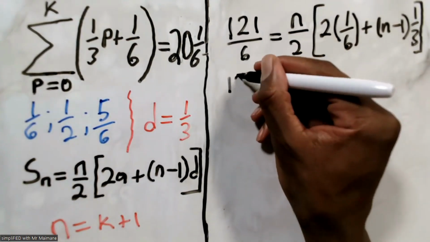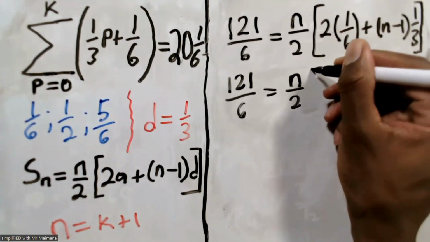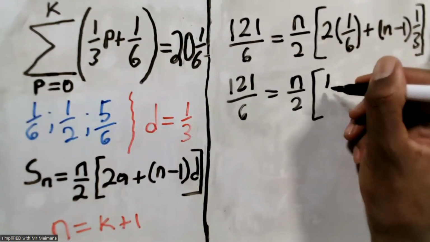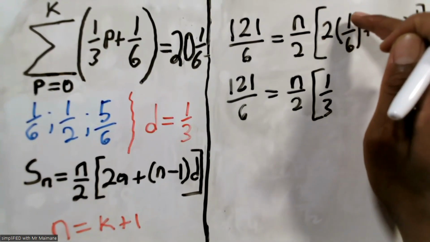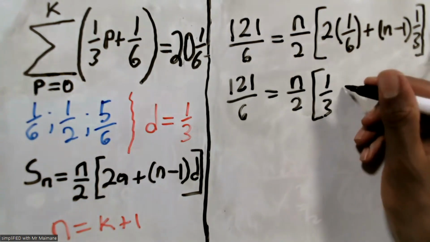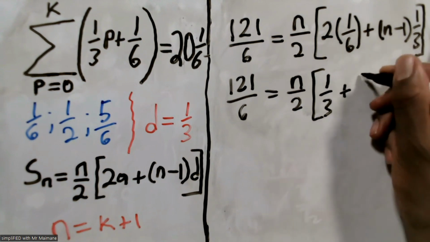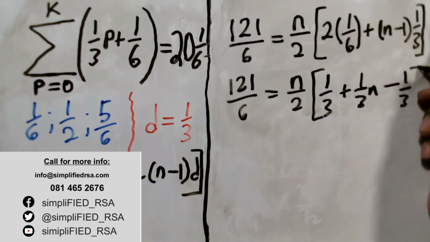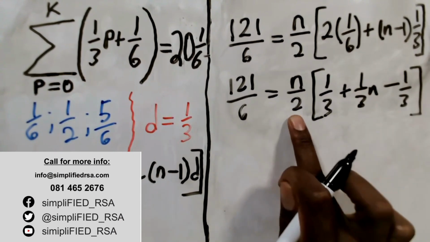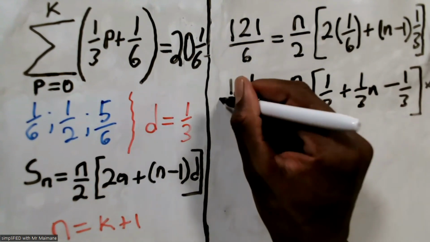Simplifying further, we'll get 121 over 6 is equal to n over 2 into 1 over 3 when I simplify this, because 2 times 1 over 6, 2 goes once and it goes 3 times into 6, and then plus n over 3, plus 1 over 3n minus 1 over 3. And then to remove the 2 here, I can just multiply both sides by 2.